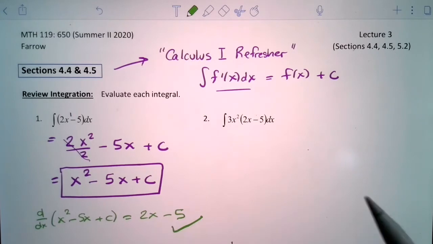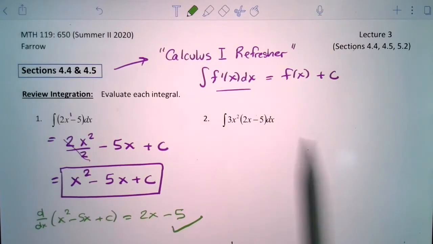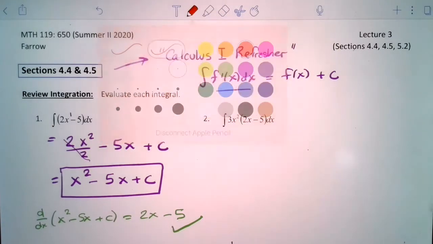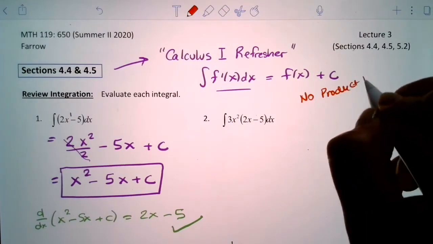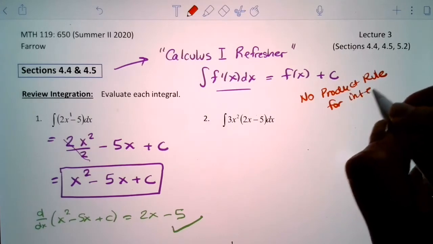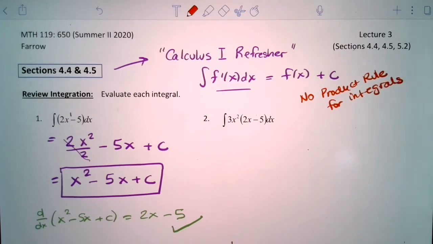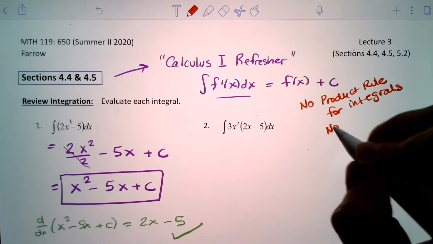When it comes to number 2, this is a problem because there is no product rule for integration. So I need to scream that as loud as I can. There is no product rule for integration. And also let me add here, there's also no quotient rule.